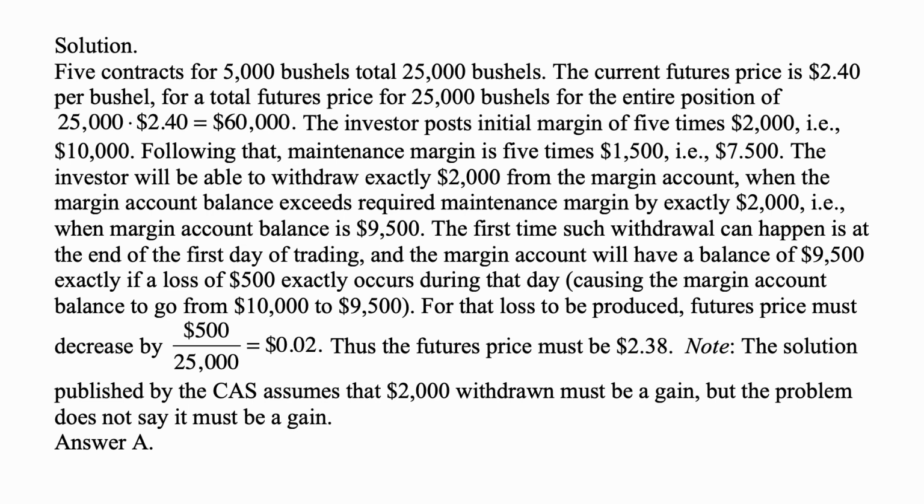The investor will be able to withdraw exactly 2,000 from the margin account when the margin account balance exceeds the required maintenance margin by exactly 2,000, so when the margin account balance is 9,500.